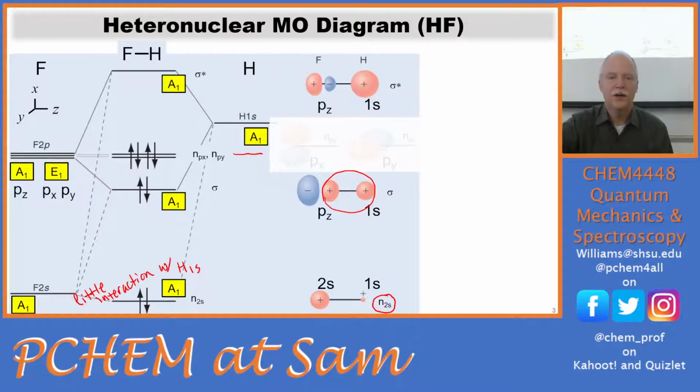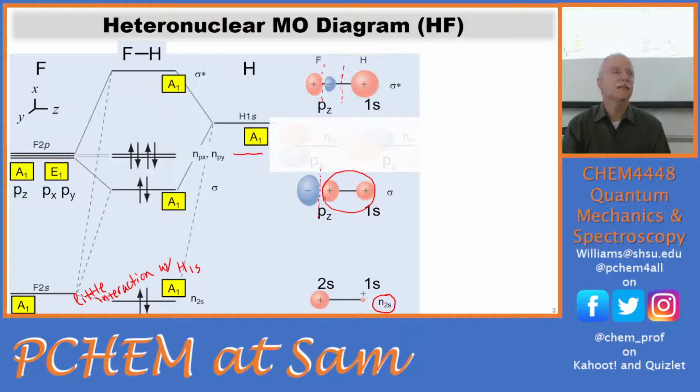And then up here at the top, you have the PZ out of phase with the hydrogen, and then you have a second node. So you have a node here, and you have a node there. So it's higher in energy. And this one has a node here from the PZ. So ranked in energy, 0 nodes at the bottom, 1 node in the middle, 2 nodes at the top.